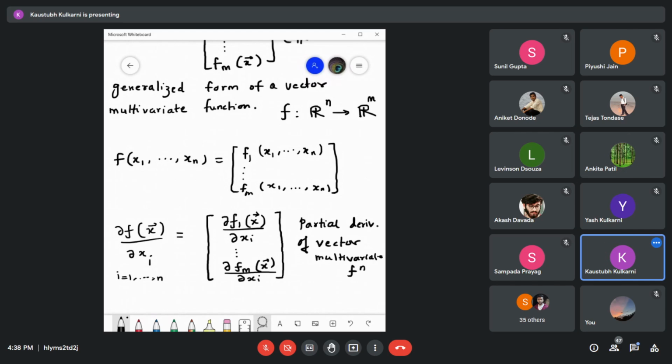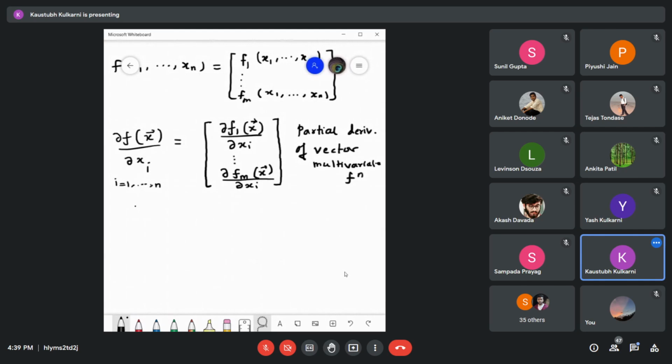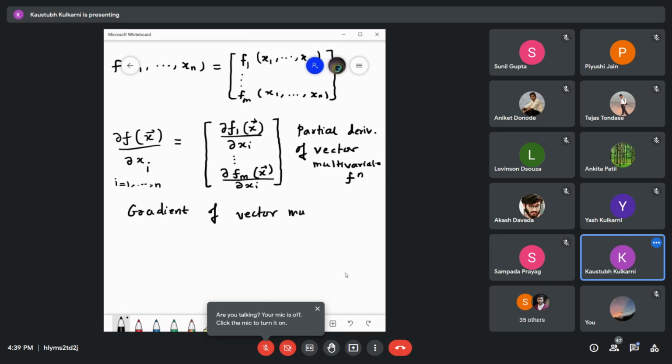Now proceeding to the gradient of vector multivariate functions.